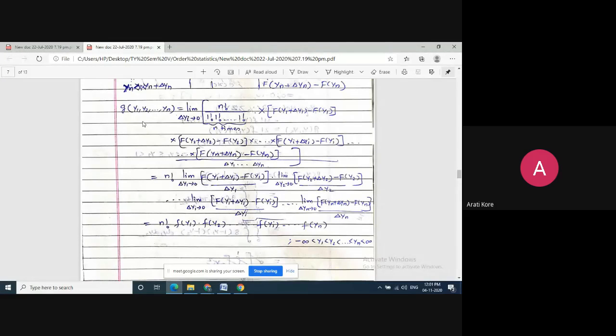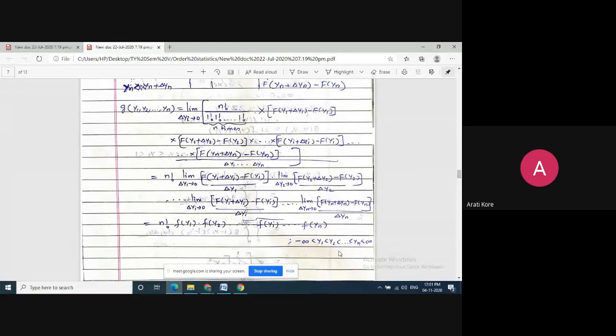Right? So in general, how can I write the joint PDF of all n order statistics? It is g of y1, y2 up to yn equal to n factorial into f of y1, f of y2, so on up to f of yn, right?